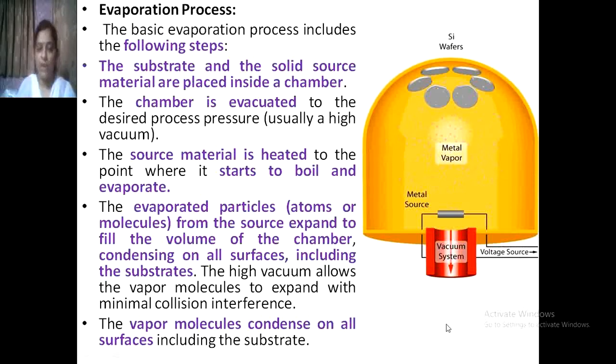The basic evaporation process includes the following steps. The substrate and the solid source material are placed inside the chamber. The chamber is evacuated to the desired process pressure, usually high vacuum.